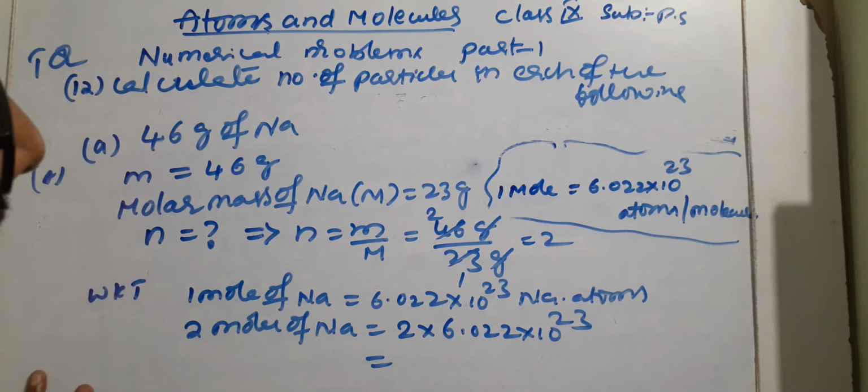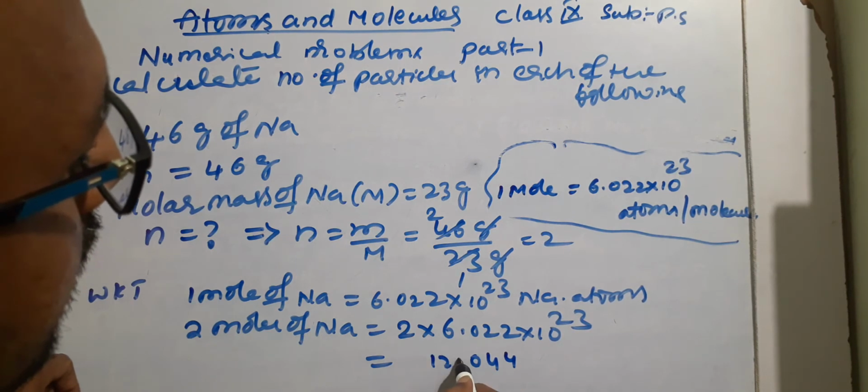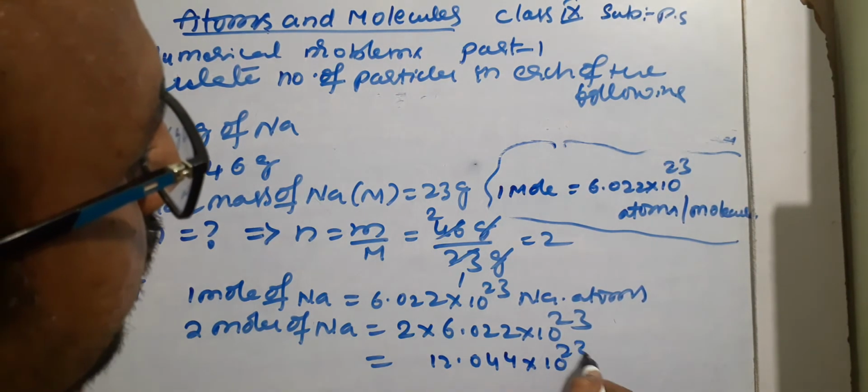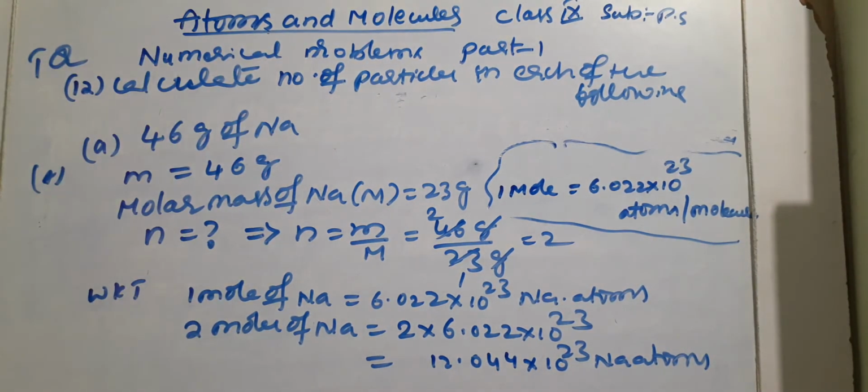On multiplying this, you get 12.044 into 10 power 23 Na atoms. So 2 moles of sodium has 12.044 into 10 power 23 sodium atoms.